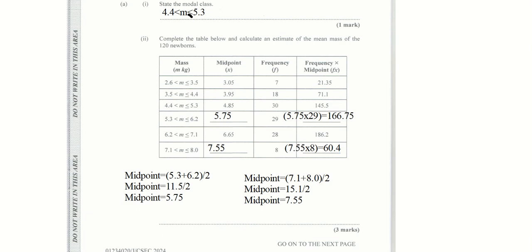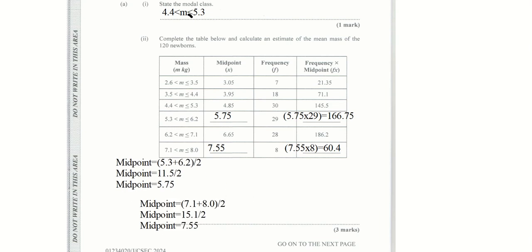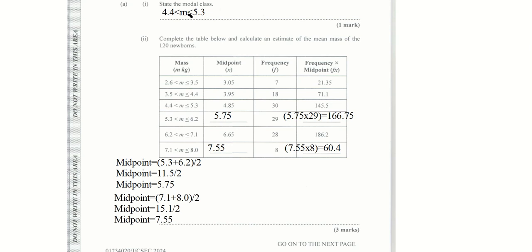Now, that is not the end of the question. They did ask you to find, after you've completed the table, calculate the mean mass. So what is mean mass? This is the summation or the total of f of x. So you're going to add up all your f of x and divide it by your total number of items. In this case, it will be 120 newborns.